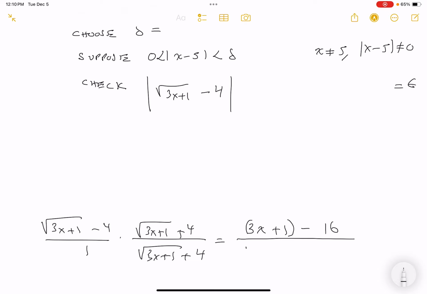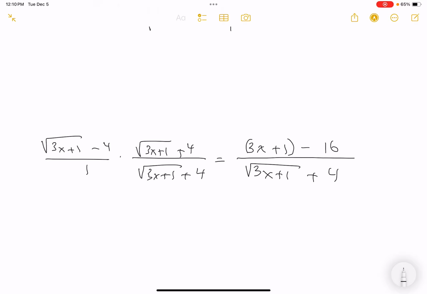All right? The bottom, you get this over here. Again, I'm trying to see what that's going to give me, by the way. And what do you get there? You get 3x minus 15 on top. On the bottom, you get this over here. And again, it's almost a dead end. Where's this taking us? Let's keep moving.